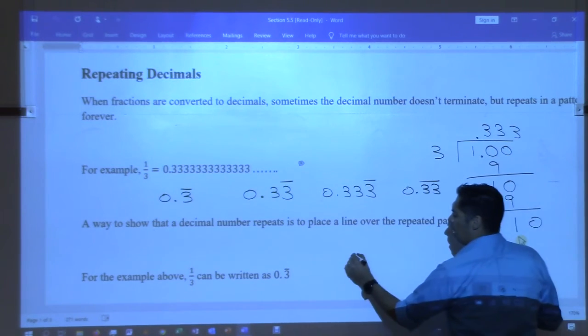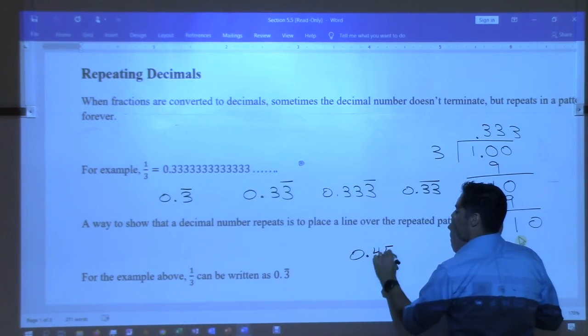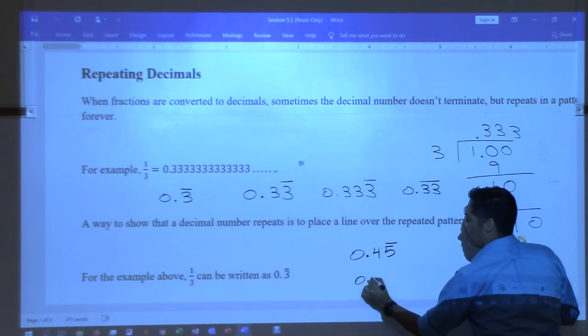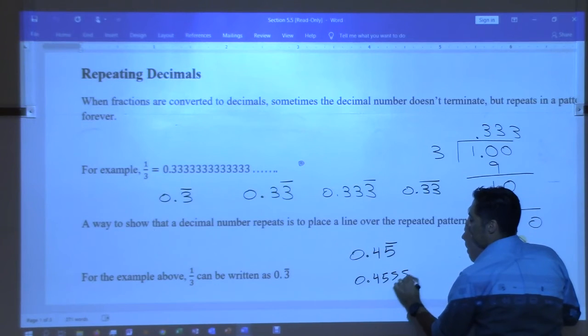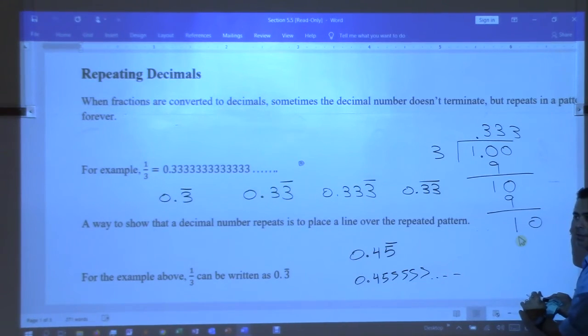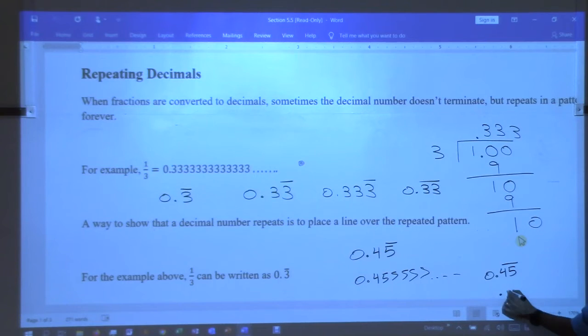For example, if you write this, what that really means is 0.45555 forever. Make sense? But if you write 0.45 with a bar over both digits, that means 45, 45, 45 forever.